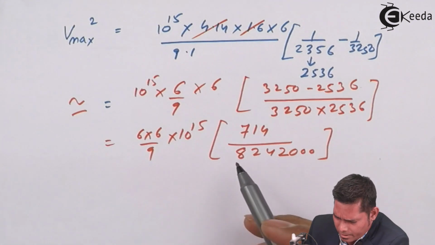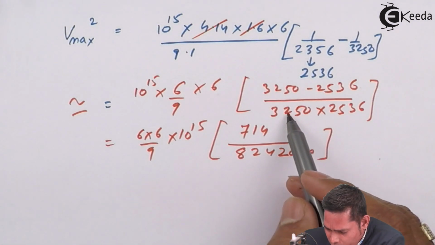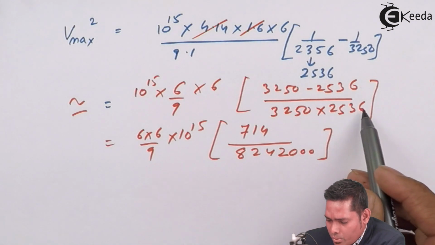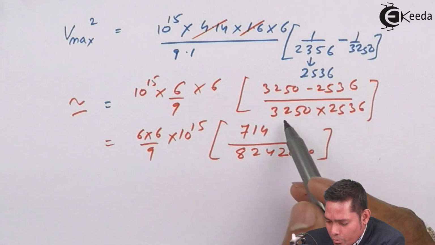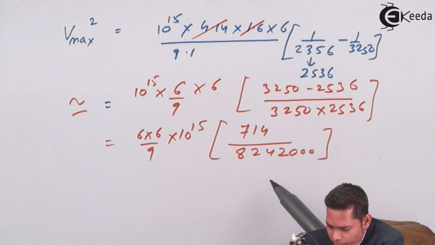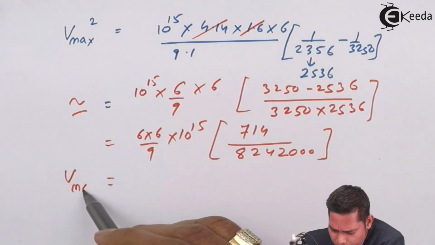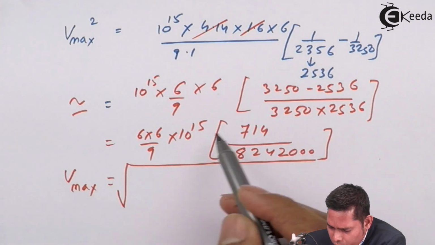But you can also take 3250 and 2530, that way also you can go for the calculations. So V max will be the square root of these values.